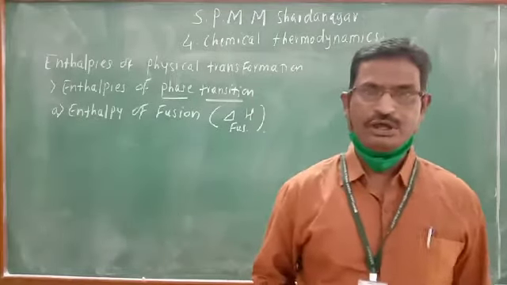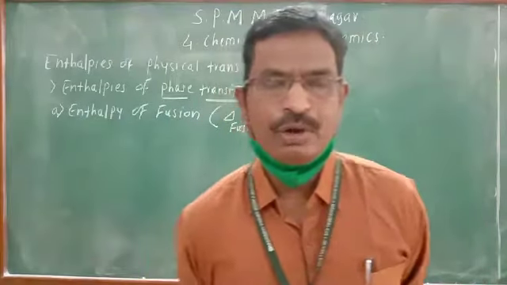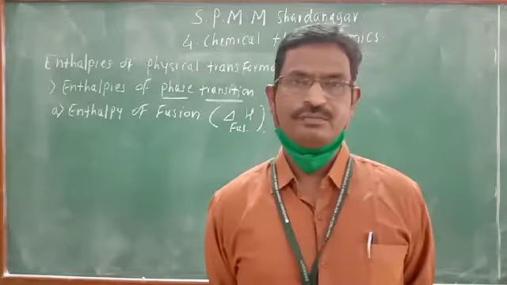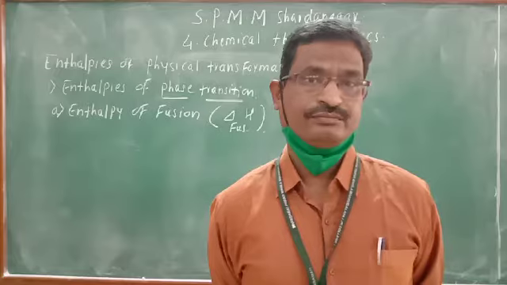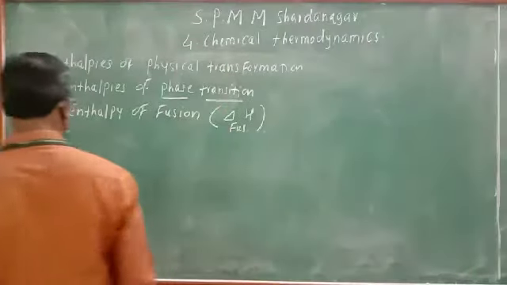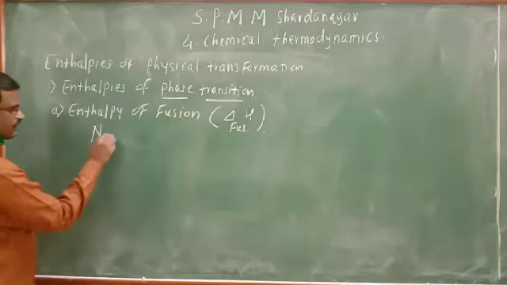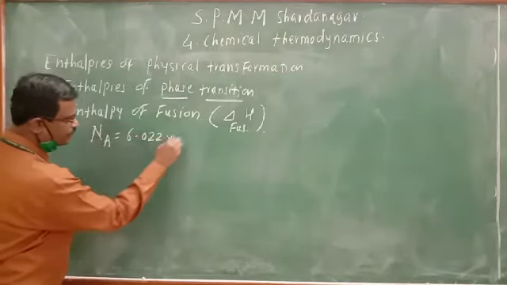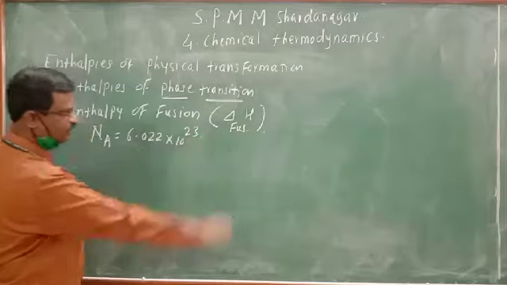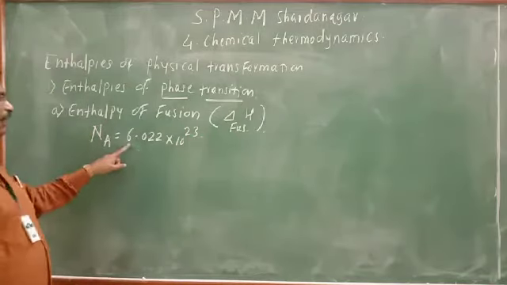We know in 1 mole, Avogadro's number of molecules are present. What is Avogadro's number? Avogadro's number N_A is equal to 6.022 into 10 raised to 23. This is known as Avogadro's number.